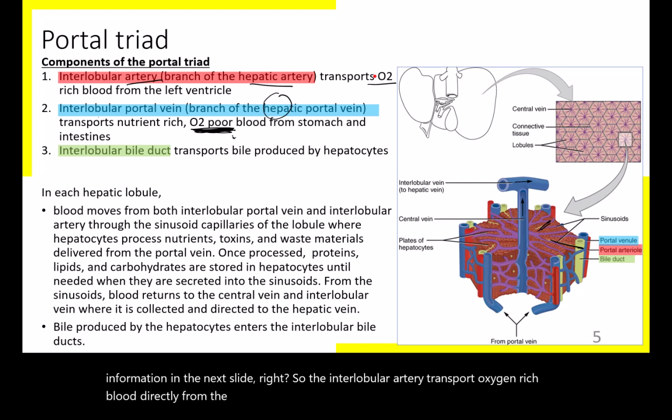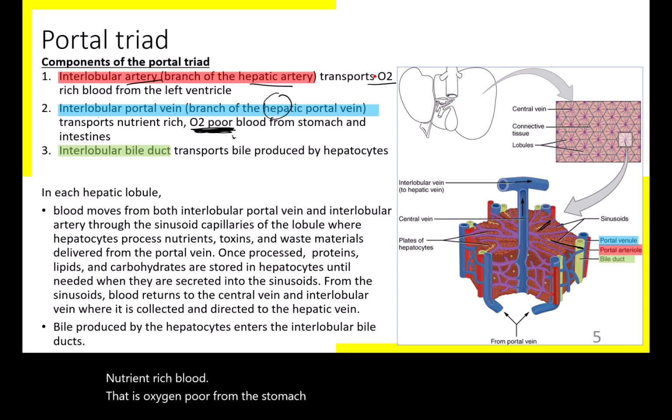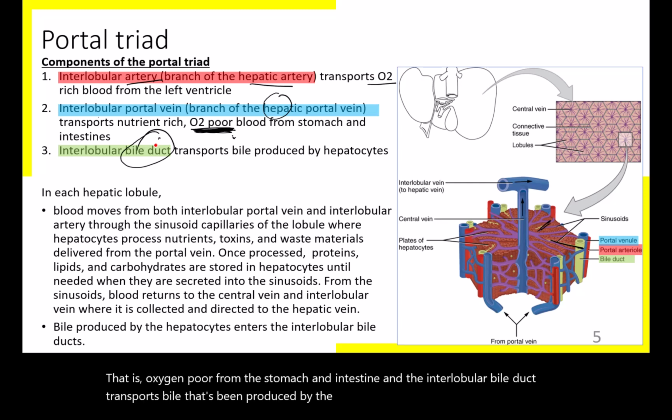The interlobular portal vein transports nutrient-rich blood that is oxygen poor from the stomach and intestine, and the interlobular bile duct transports bile that's been produced by the hepatocytes and released into the canaliculi.